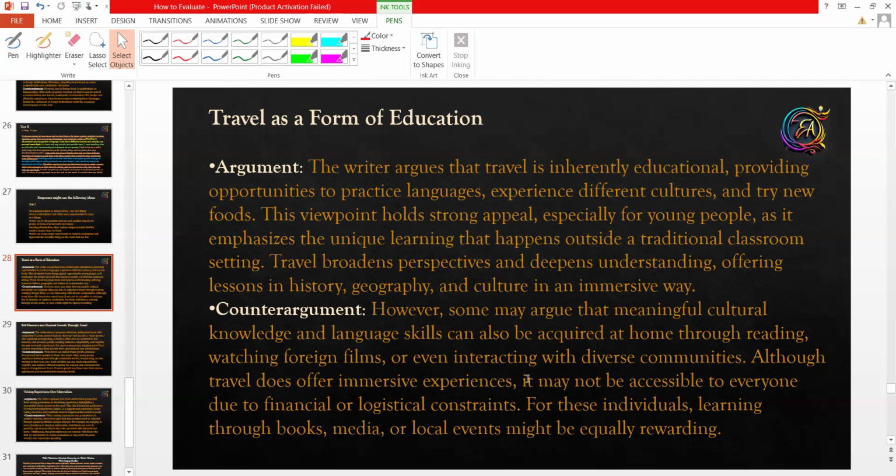Now, if you are going to counter argue, however, some may argue that meaningful cultural knowledge and language skills can also be acquired at home through reading, watching foreign films, or even interacting with diverse communities. Although travel offers immersive experiences, it may not be accessible to everyone due to financial or logistical constraints.